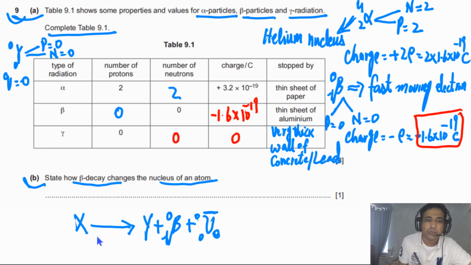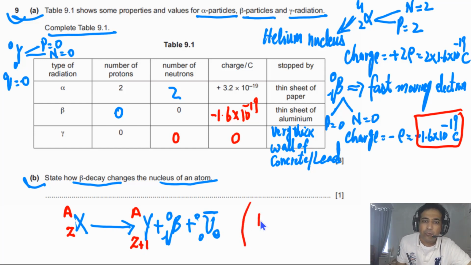But for this question, we simply need to understand the change in the nucleus of an atom. Imagine this nucleus has atomic number Z and mass number A. So when a beta particle is emitted, atomic number will increase by 1, but the mass number will not change. It simply means that one neutron changes into a proton in this decay.